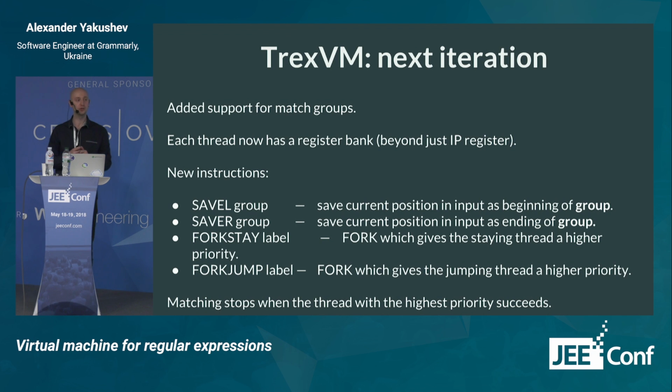The thing is, we introduced the concept of thread priorities here, and in order to support priorities, we now have 2 fork operations. The difference between them is that fork stay will give higher priority to the thread that goes to the next instruction, and fork jump will give higher priority to the thread that jumps to the label.